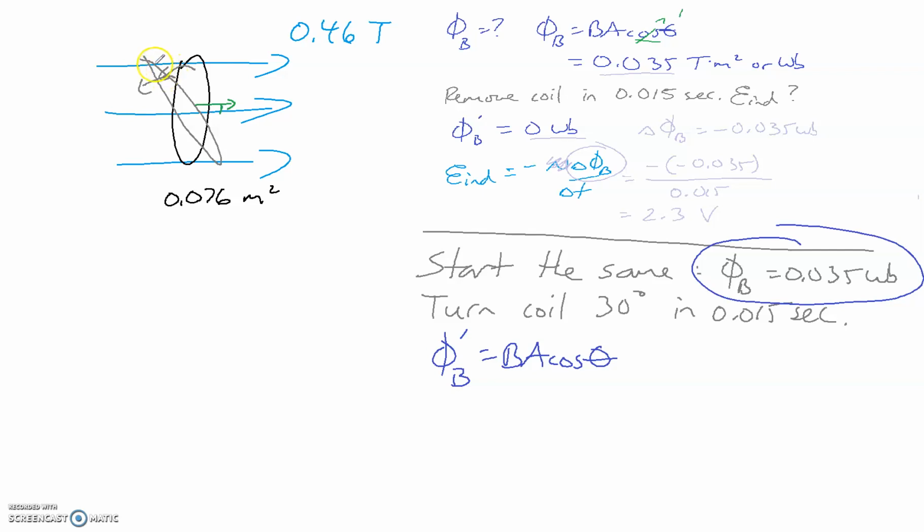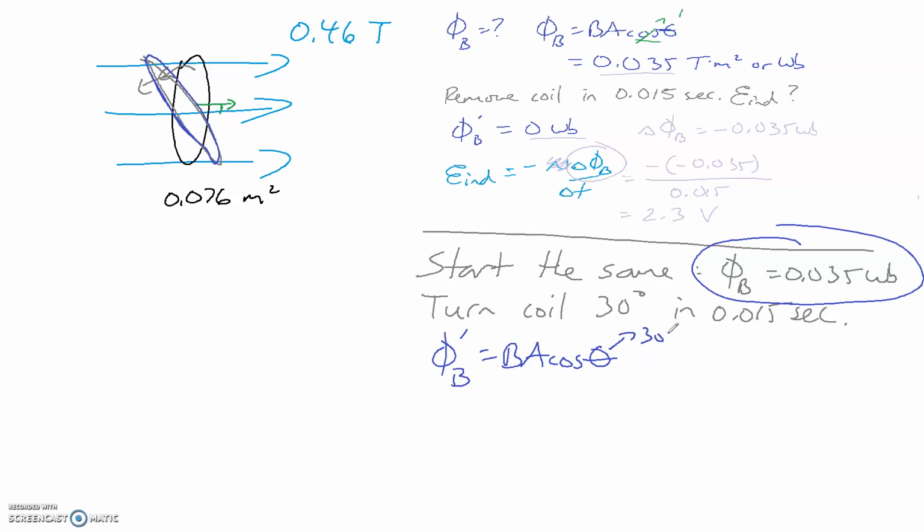If I turn this coil 30 degrees, and it was situated like this, the way it's drawn, is that closer to maximum flux or closer to minimum flux? Well, it's almost vertical, it's almost maximum, so it's closer to maximum flux. What's bigger, the cos of 30 or the cos of 60? Cos of 30 is bigger. So I'm going to use the 30 degrees in there.